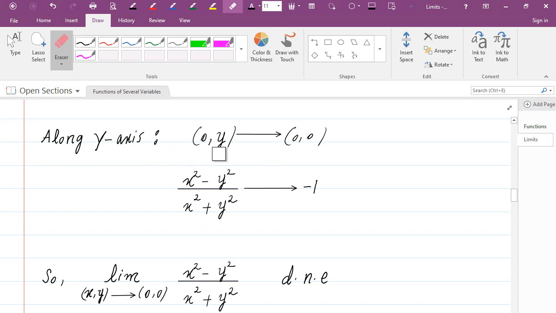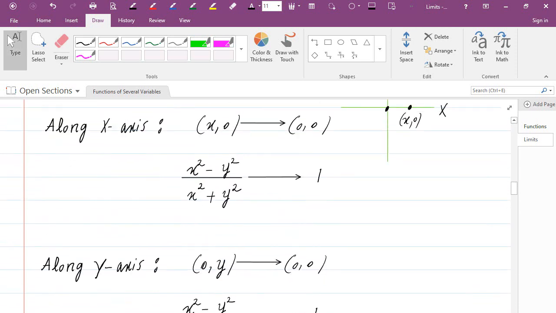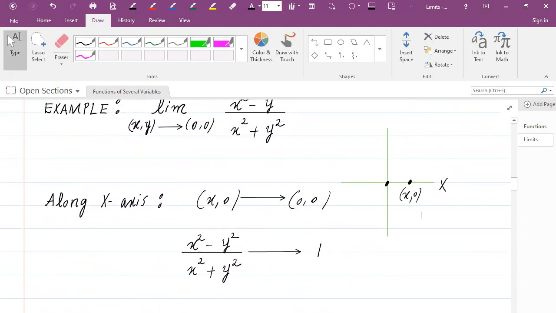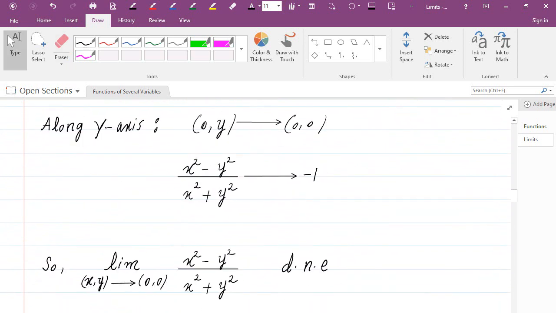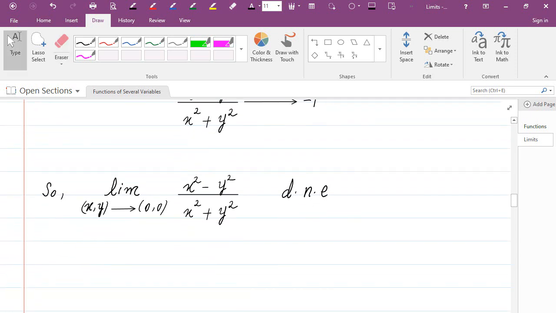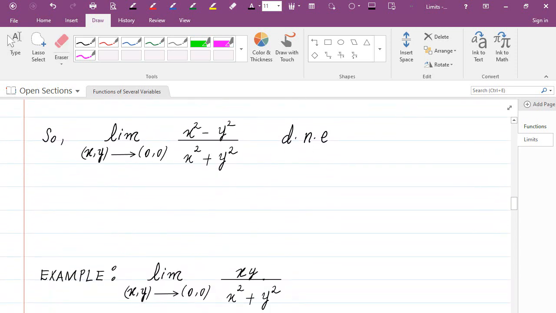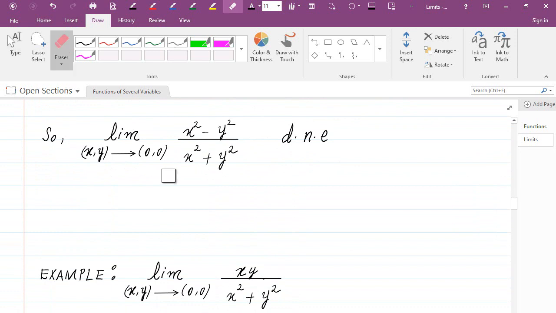So the limit is 1 when (x, y) approaches (0, 0) along the x-axis, and the limit is negative 1 when approaching along the y-axis. Since these two limits are different, we can say that this limit does not exist.